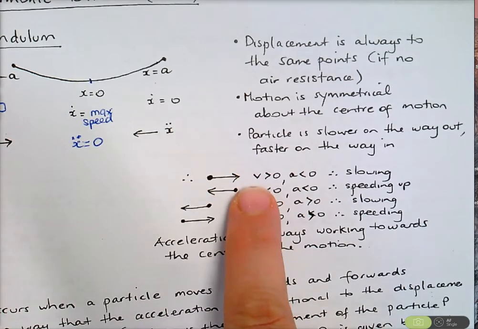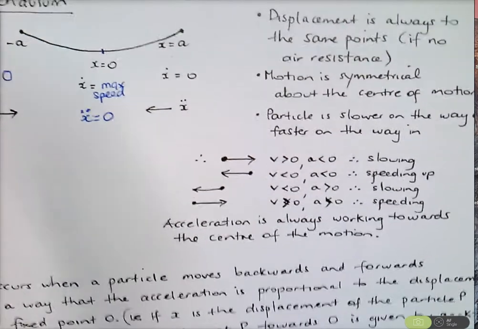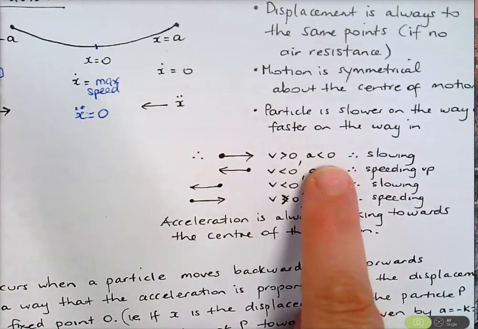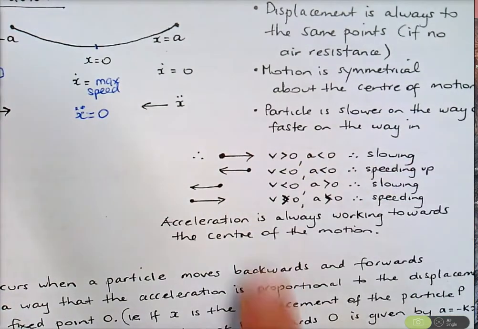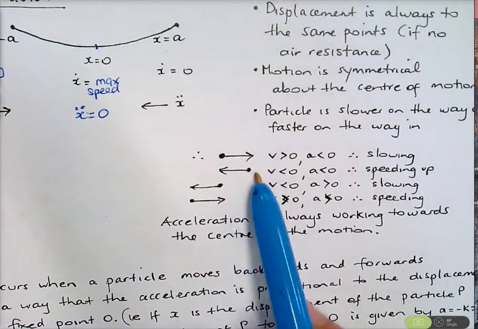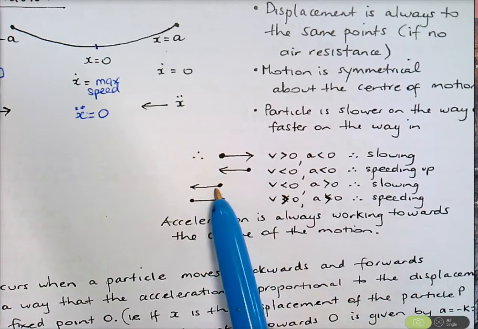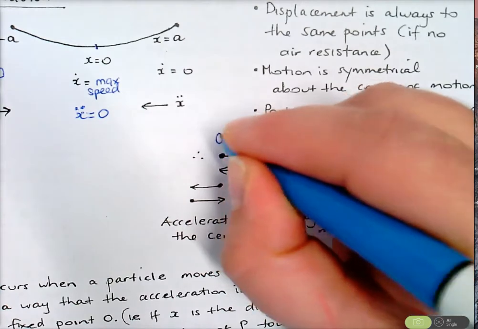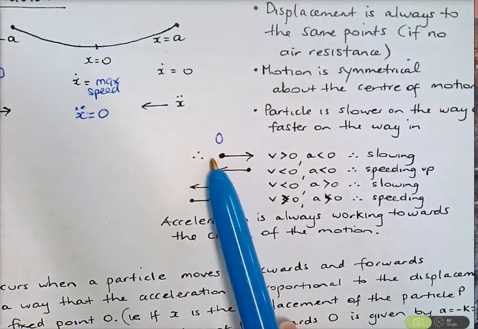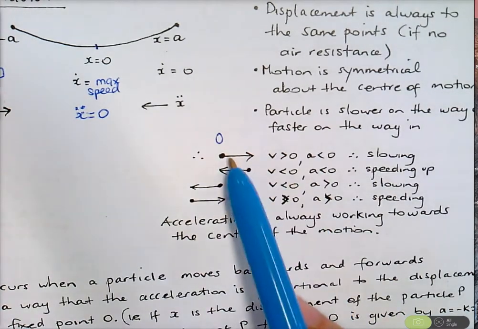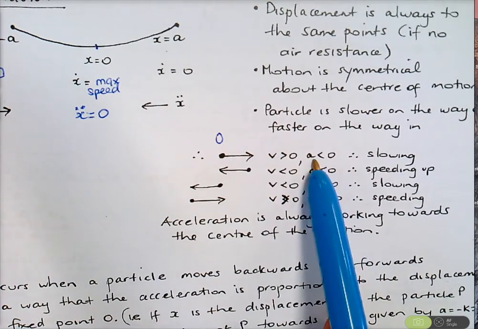And this just shows the relationship between v and a. We did this before, but if velocity is positive and acceleration is negative, you're slowing down. If velocity is negative and acceleration is negative, you're speeding up. From the centre out, this is the centre of motion there. You know how you're slowing on the way up when the kid on the swing, pretending no air resistance? Why are they going slower? Velocity is positive, acceleration is negative.